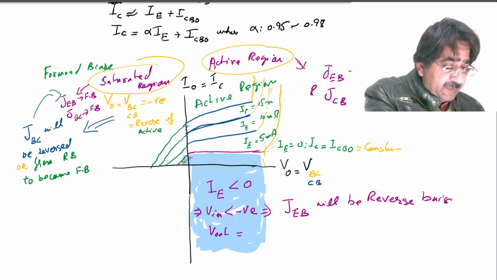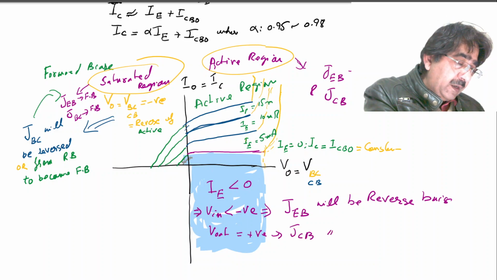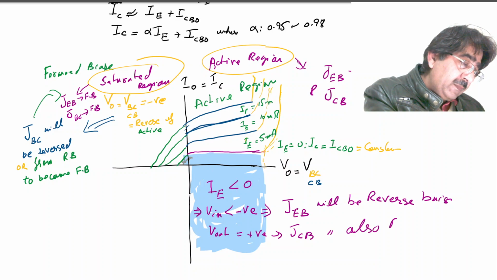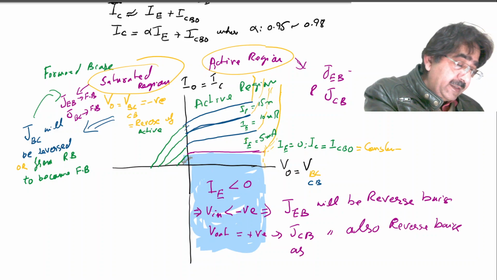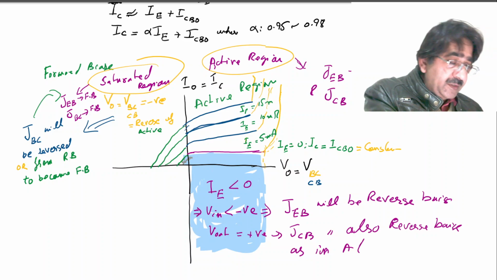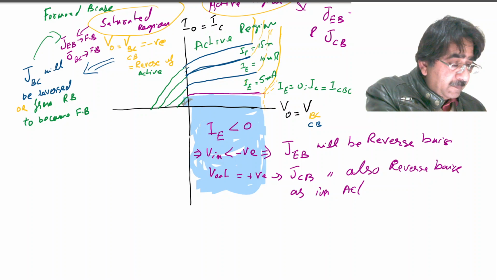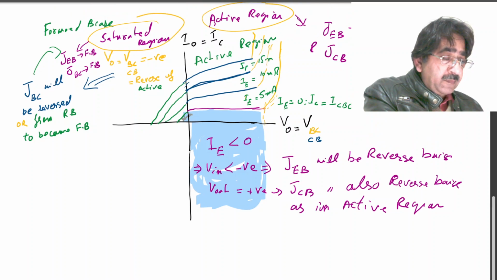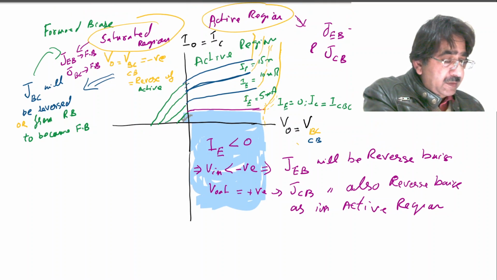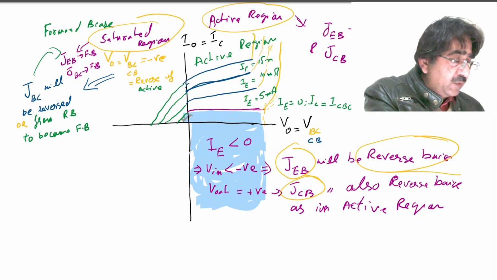And similarly, V out is positive, meaning the JCB will also be reverse biased, as in the active region. So both are reverse biased, and this is also reverse biased.